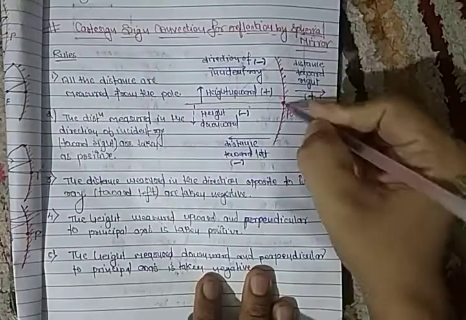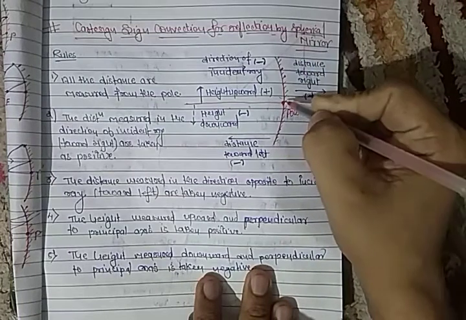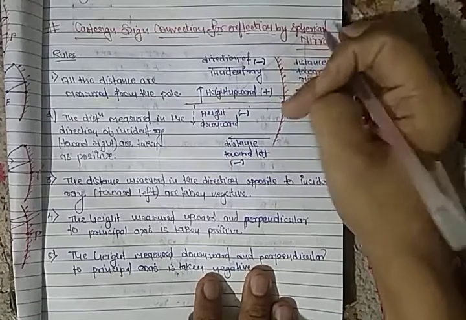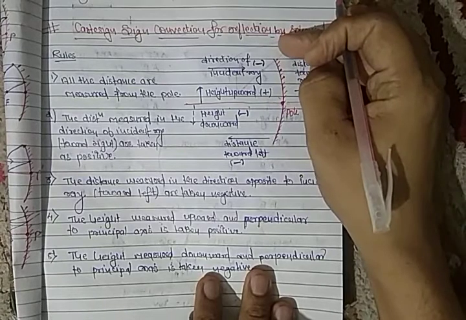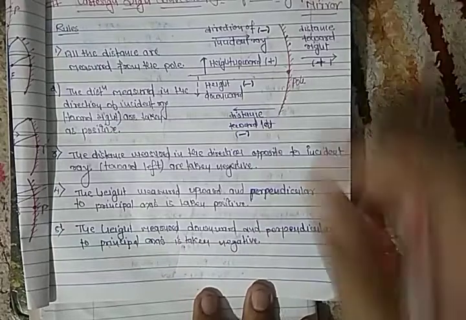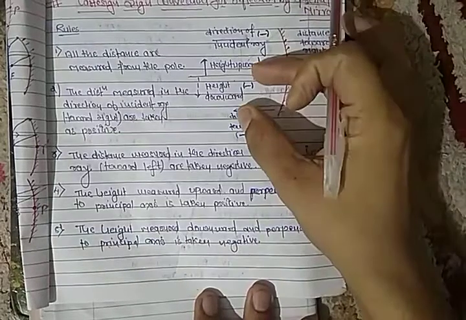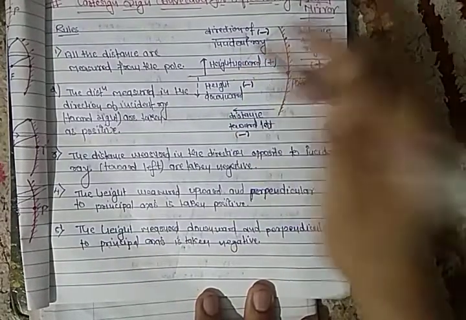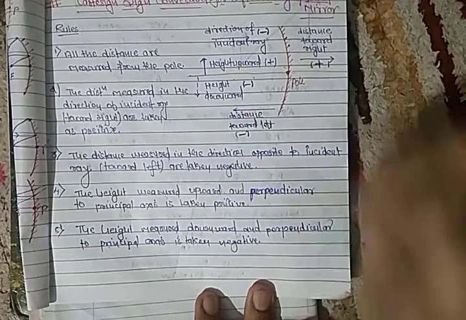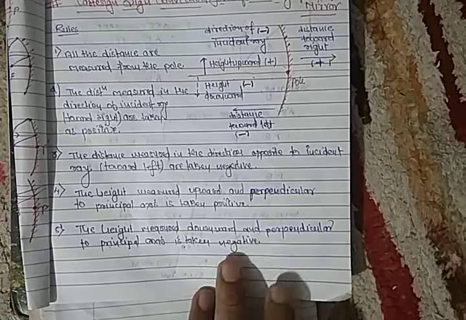Why? Because the y axis is always positive: y 0, 1, 2, 3, 4. So this upward distance is always measured as positive. Okay, and if any height is in the downward direction, or we can say below the principal axis, we consider it as negative.